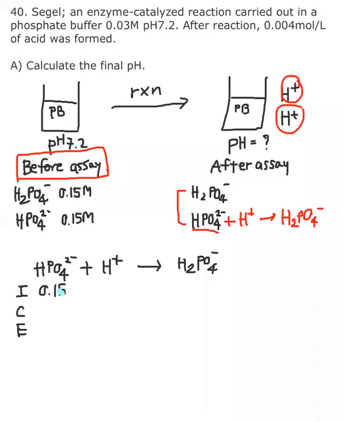I'm sorry, I got the calculation wrong here. It should be 0.015 molar, right? And 0.015 molar here because we use 0.03 molar times 0.5. Sorry for that. So, okay, you fill in the initial concentration that you have before the reaction. So for HPO4 2 minus it would be 0.015, and H2PO4 minus is also 0.015 molar here.